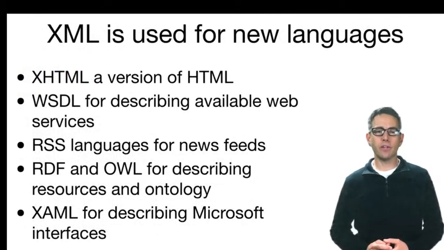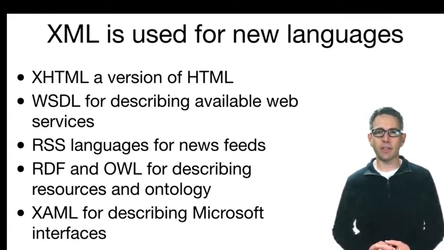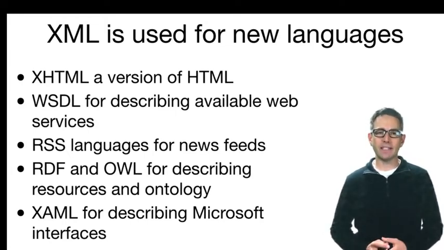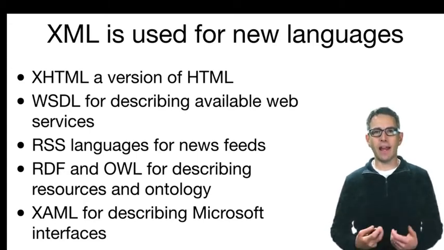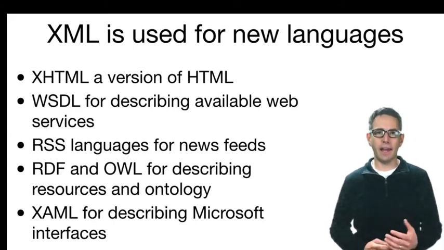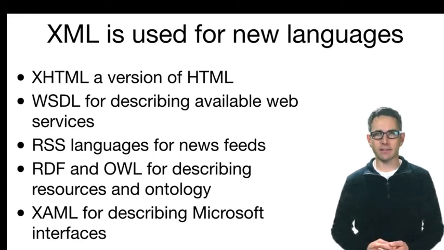XML is also used for new languages. So, for example, XHTML is a new language. It's a version of HTML that's based on XML. But there are other ones like, they're always alphabet soup, right? They're always acronyms. But WSDL is a language for describing web services. And in the same way that HTML is an XML document with predefined tags, WSDL is also an XML document with predefined tags.